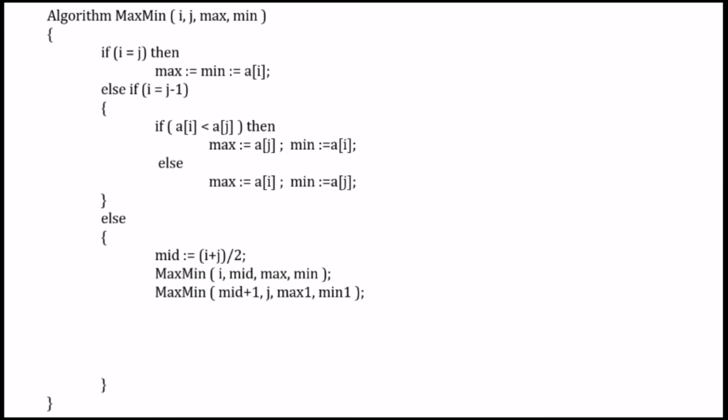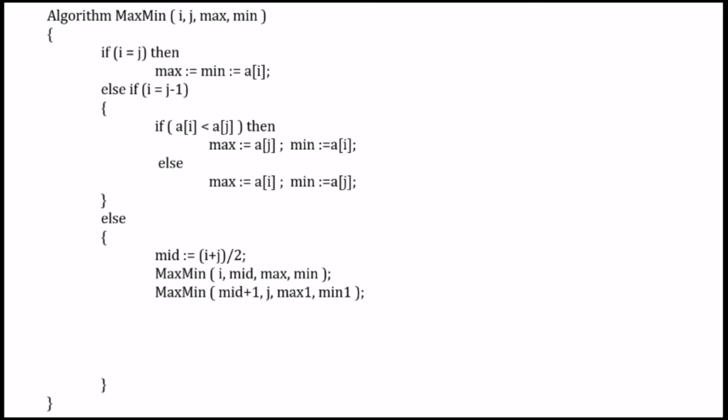Both these lines recursively call the function. Both are basically used to divide the given problem into smaller instances. Once we divide the problem into smaller instances and get the solutions, we have to combine the solutions.